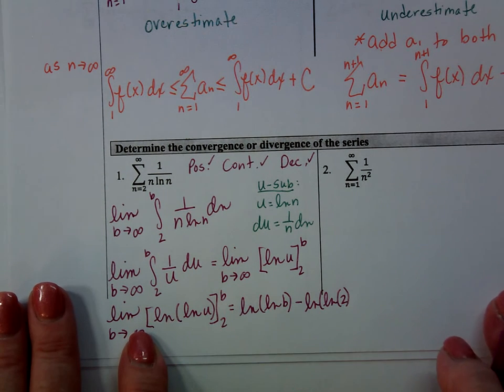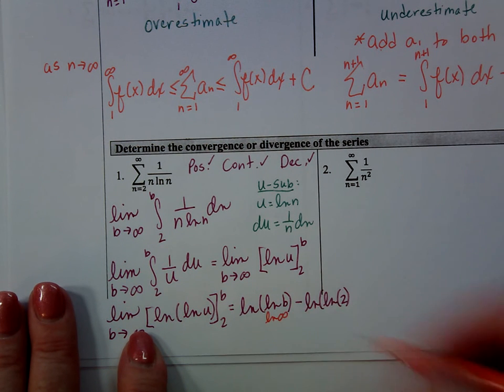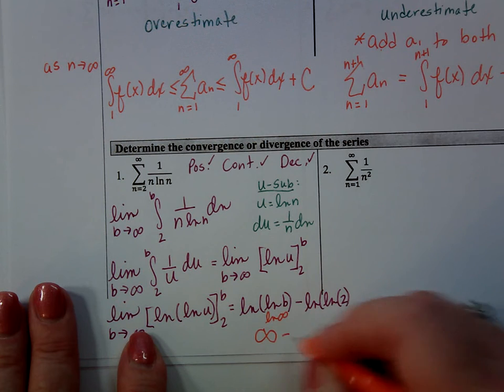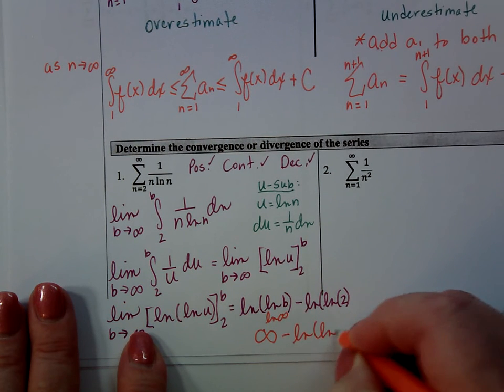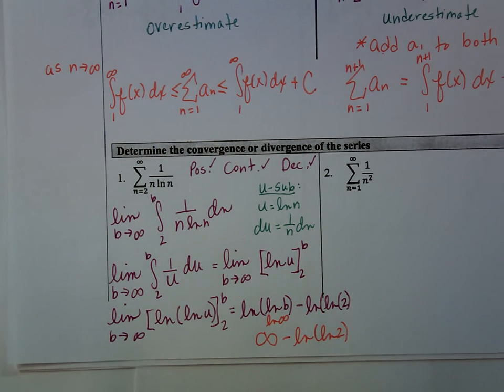Well, what is b? b is infinity. So this piece here would be like the ln of infinity. Think of the ln graph. What's it doing as it goes to infinity? It's going to infinity. So this would be infinity minus the ln of 2. And do you really care if I take infinity and subtract some smidgen from it, then I still get infinity.